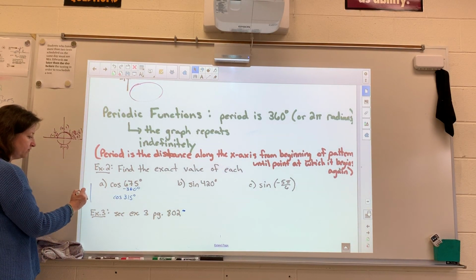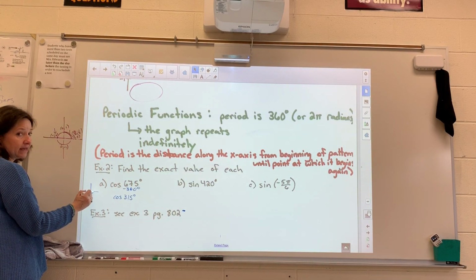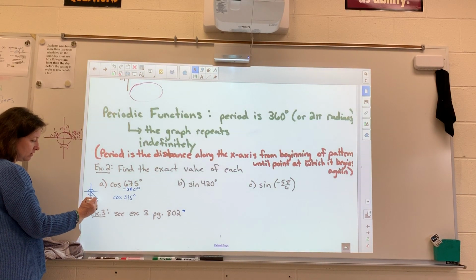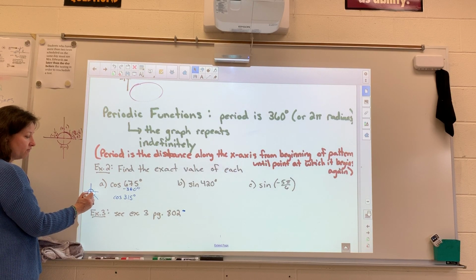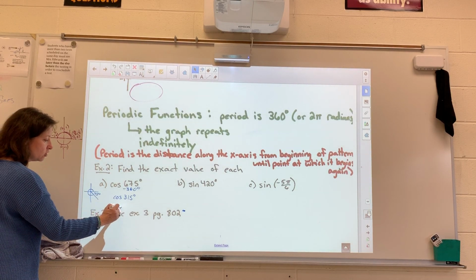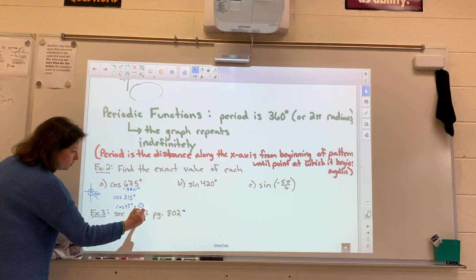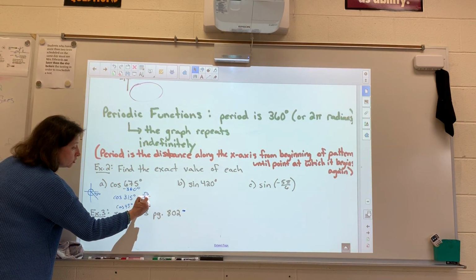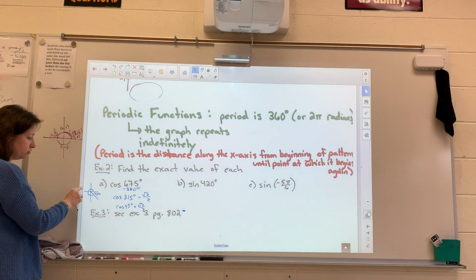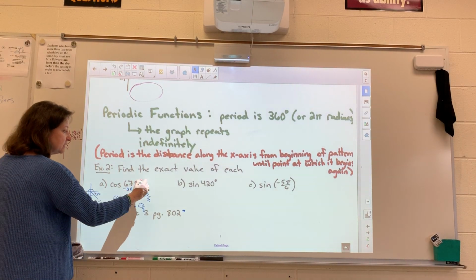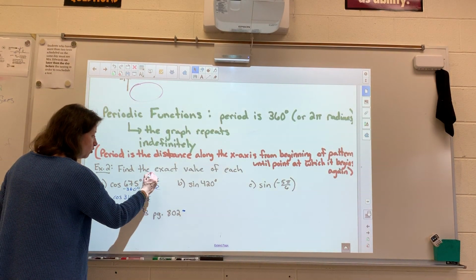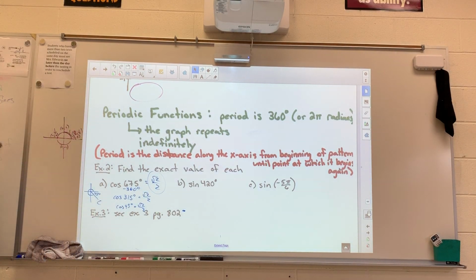Figure out where 315 degrees puts me. In the 4th quadrant. What's the reference angle? 45 degrees. What's cosine of 45 degrees? Root 2 over 2. So 315 is also root 2 over 2. All students take calculus. It's positive, so 675 will be the same thing as cosine of 45 degrees.